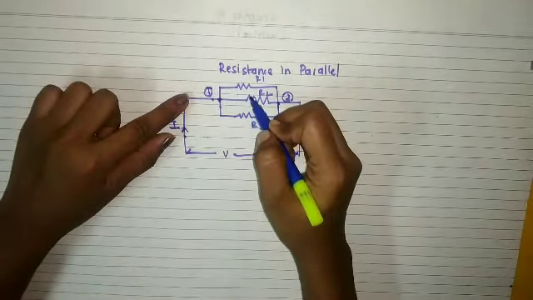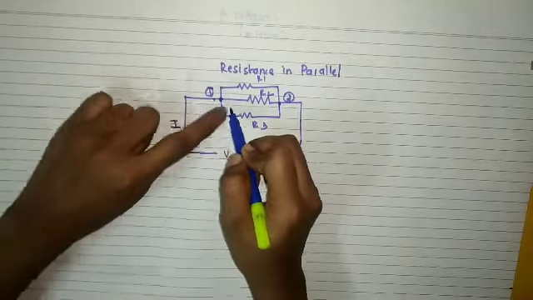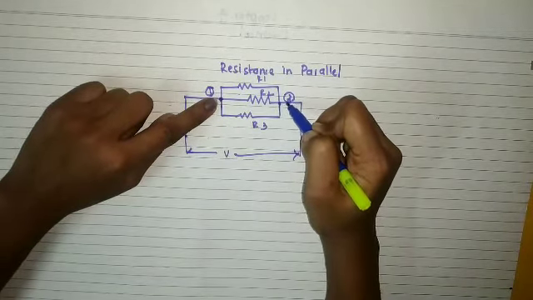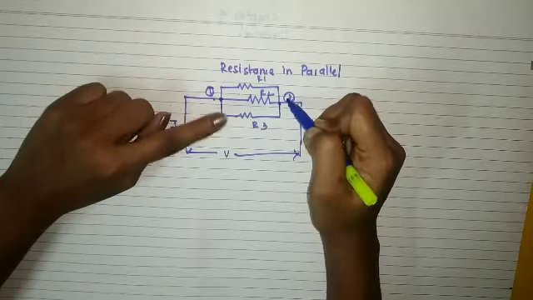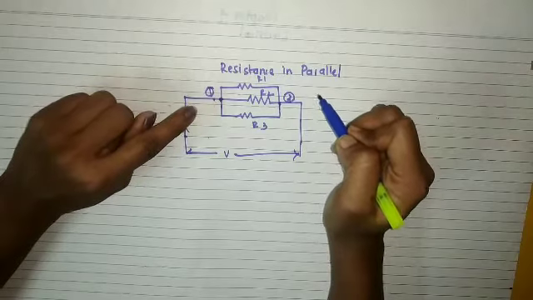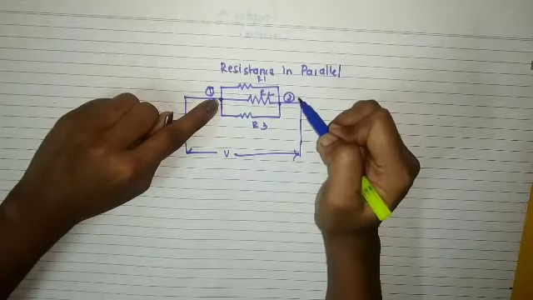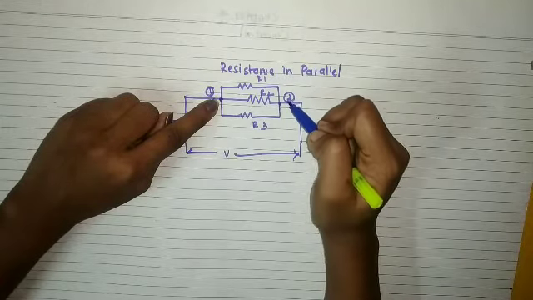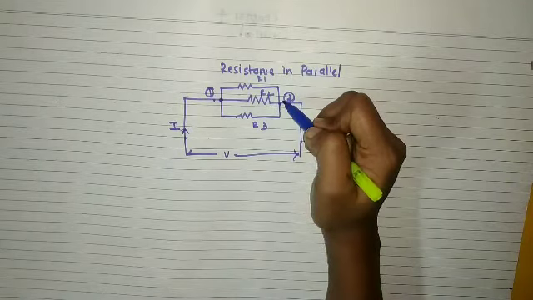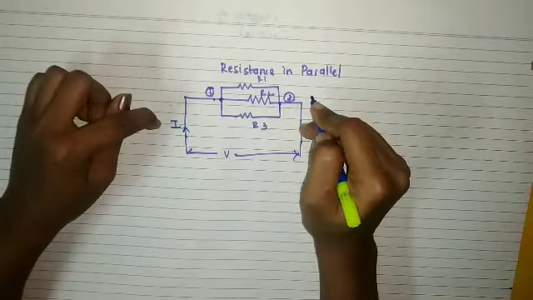This is the first terminal of every resistance that is connected at a single point, and the other terminal is connected at another point. So the resistors are in parallel connection.